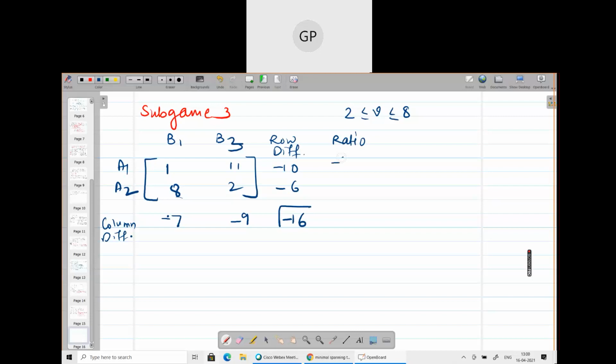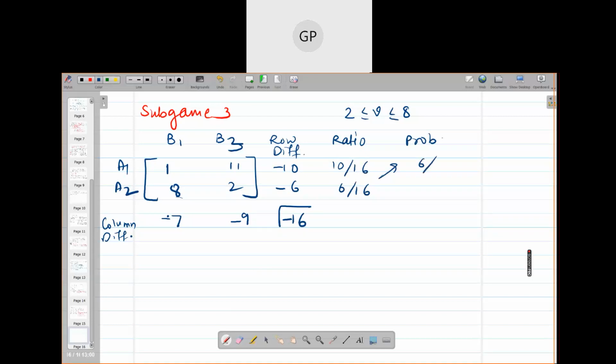Ratio. Now I will not put the sign, because -10 upon -16, so I will write 10 by 16, 6 by 16. And the probabilities would be 6 by 16, 10 by 16. Here ratios 7 by 16, 9 by 16. And the corresponding probabilities are 9 by 16, 7 by 16.